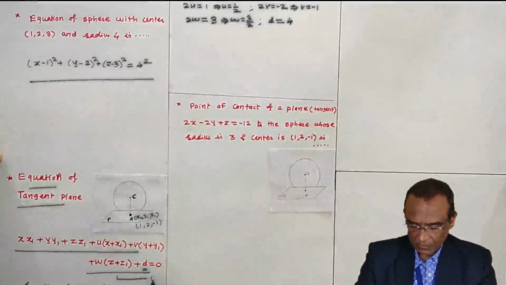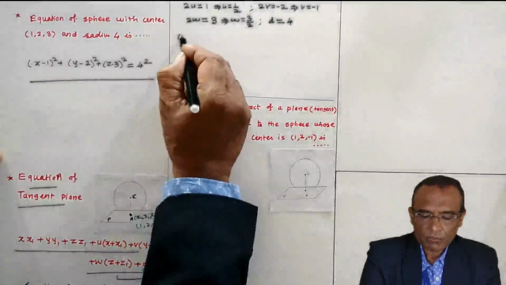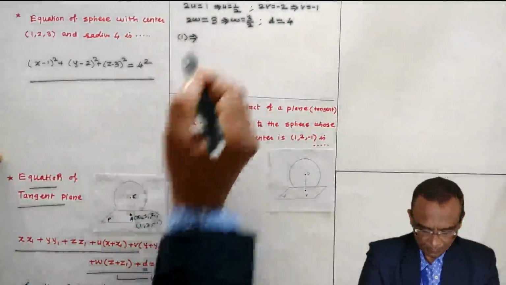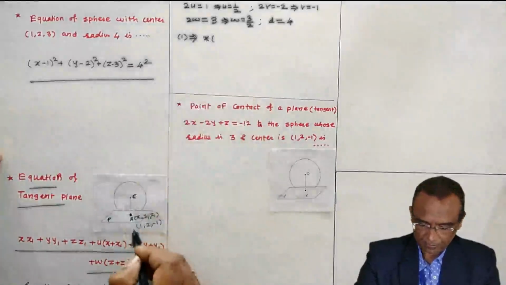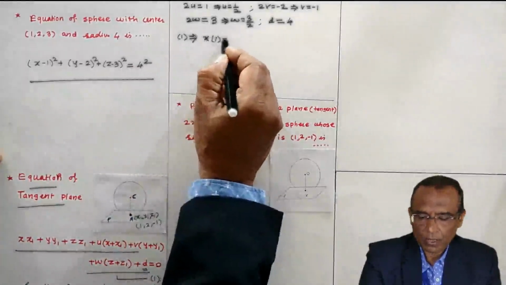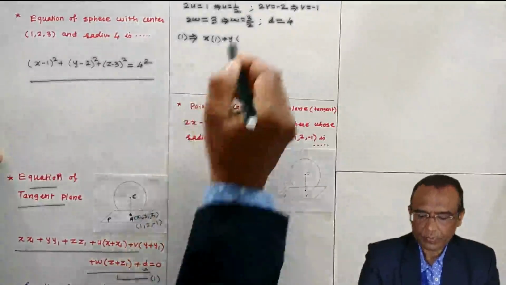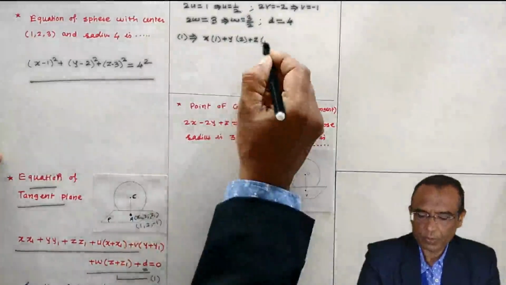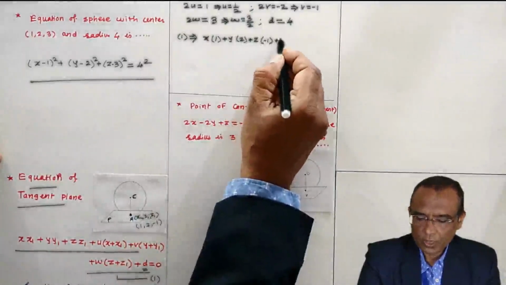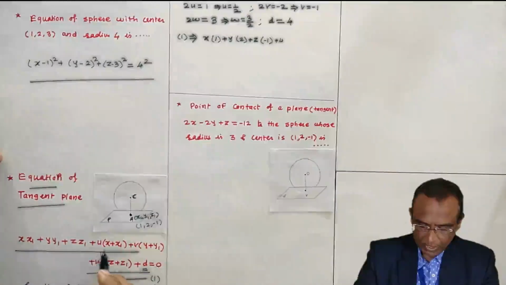Okay, I am calling this equation 1. Equation 1 employs x x1, y y1, z z1, plus u times x plus x1.